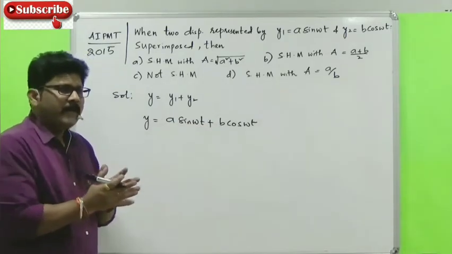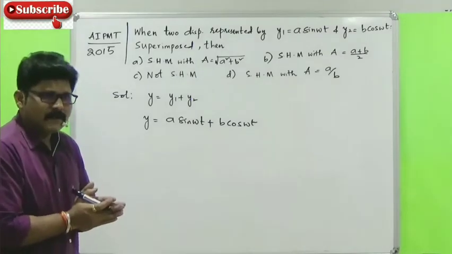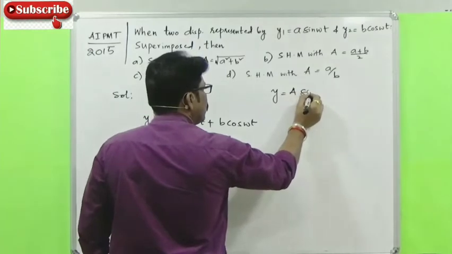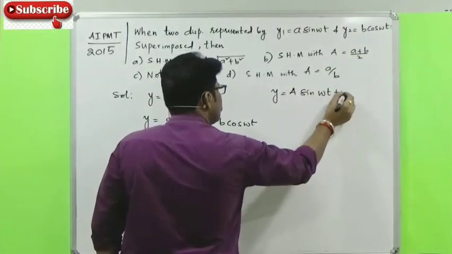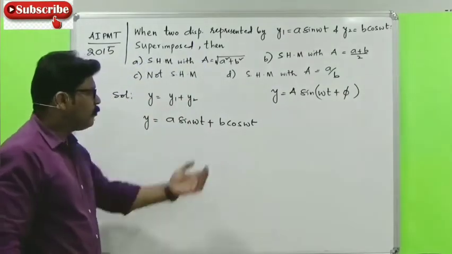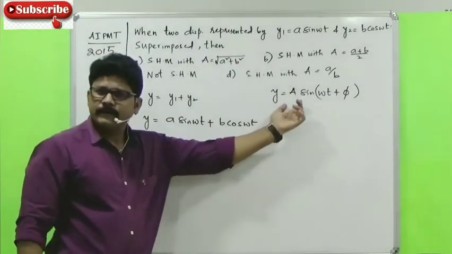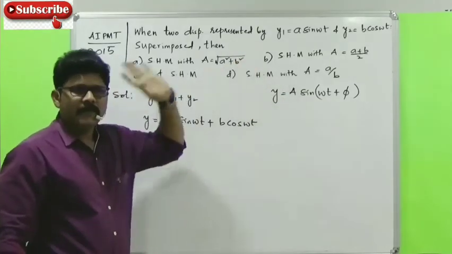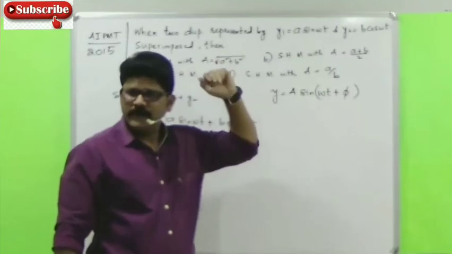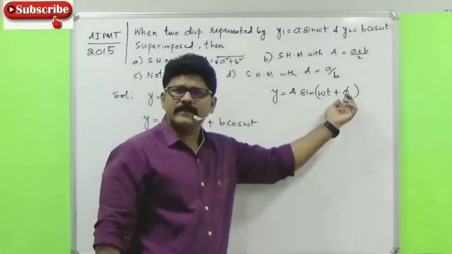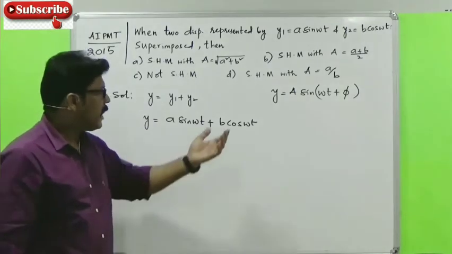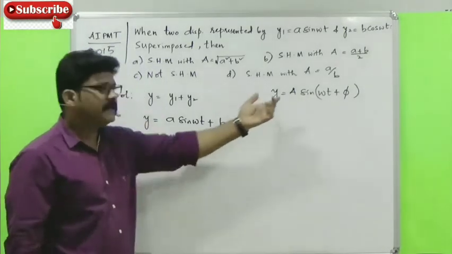Now we have to bring it in the form of y equals some A sin(omega t plus phase). Normally y equals A sin omega t, that means here phase difference is 0. Phase is 0. Now let us take that some phase is there. Phase means some angle is there. Let us imagine.